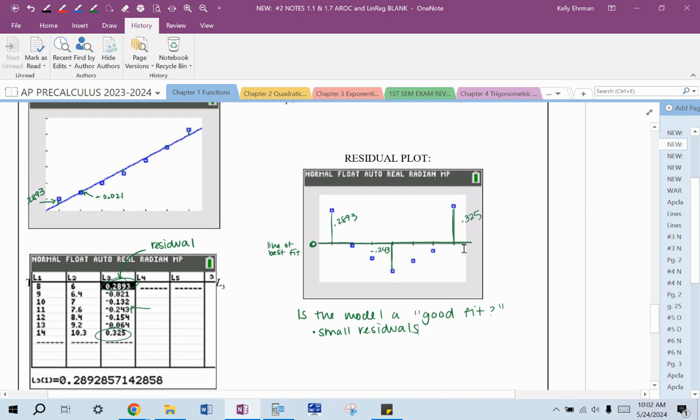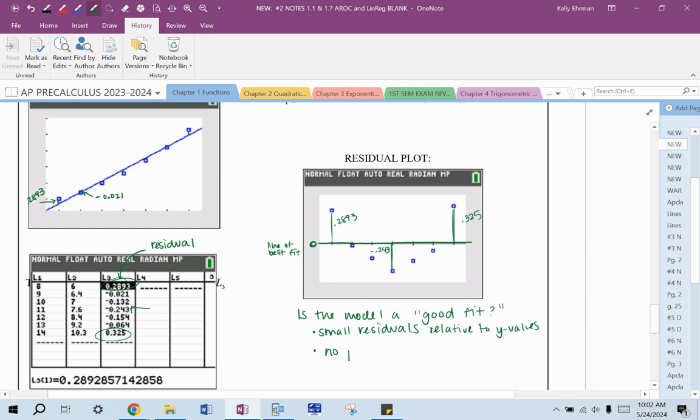Now, they look kind of large here in this context, but take a look. The line looks like it fits pretty snug within those points. Small residuals relative to y values. The y values range from 6 to 10, and the largest residual is 0.3. That's pretty small compared to 6 or 10. Okay, so small residuals are good.